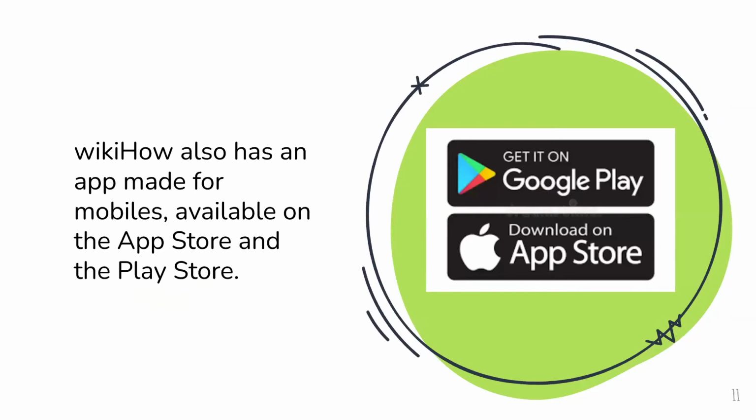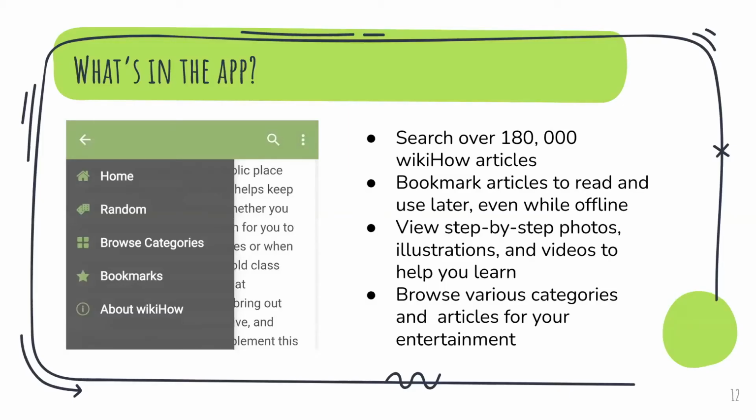Wikihow also has an app made for mobiles available in the App Store and the Play Store. What's in the app? You can search over 108,000 wiki articles. You can bookmark articles to read and use later, even while offline.